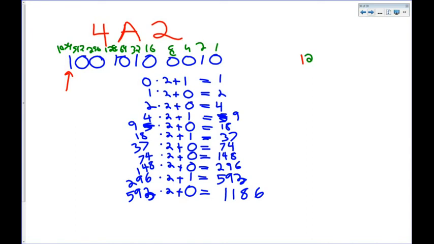Go ahead. Well, no, add the place values. So 1,024 plus the next place value would be 128 plus 32 plus 2. And then math, and then you get that.